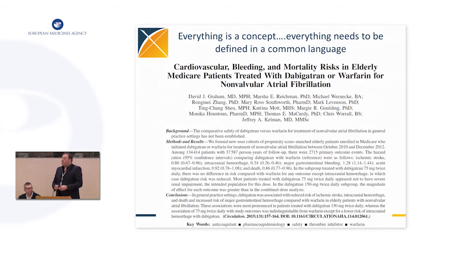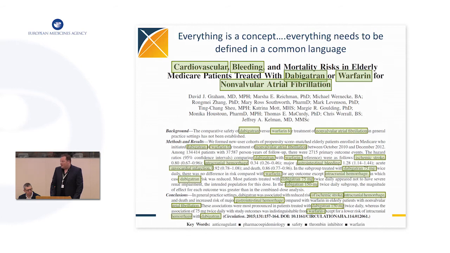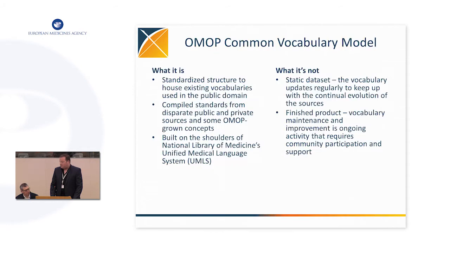I think what's very important is that each of the papers that we write contain a lot of concepts. So for example, cardiovascular, bleeding, drug information, and we need to have a common language to understand these terms and to translate them to our own databases and to extract the information from our databases using a standardized vocabulary.